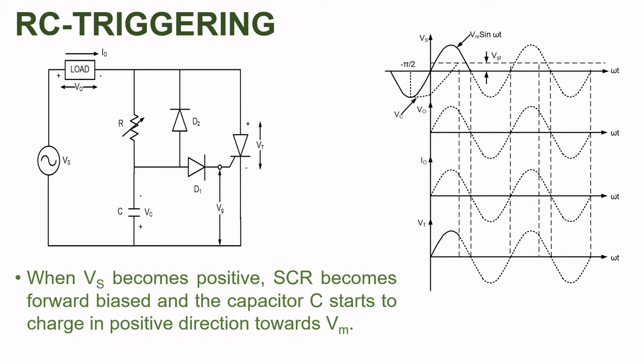When the supply voltage becomes positive during its positive half cycle, the capacitor now starts to charge in the opposite direction through resistance R. The direction of current for charging the capacitor is as shown in the figure.